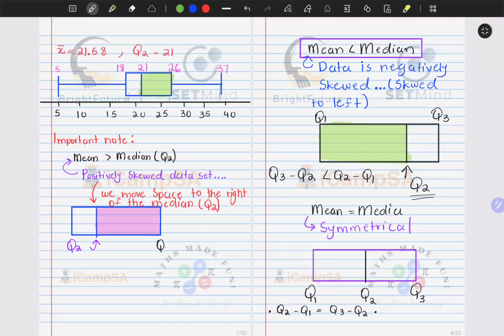While on this one, if you do Q3 minus Q2 and you find it's bigger than Q2 minus Q1, then this is positively skewed, which is skewed to the right.